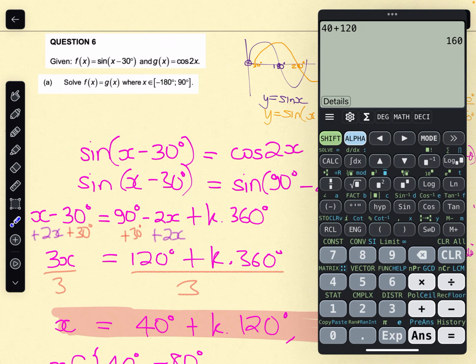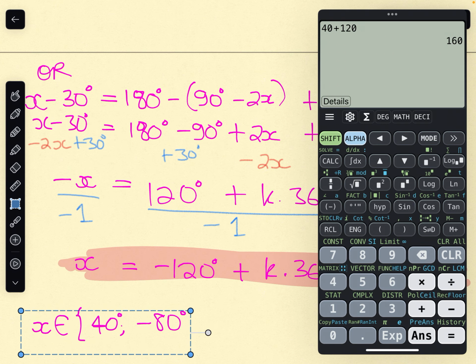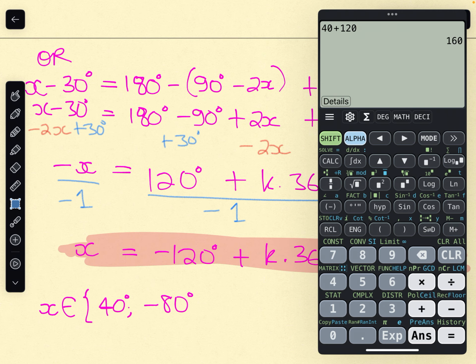So we are done with this solution. It has given us all the solutions in the interval that we can find. So we move on to the next one. Here we have negative 120, which is within the interval that we want. The interval was negative 180 to 90.